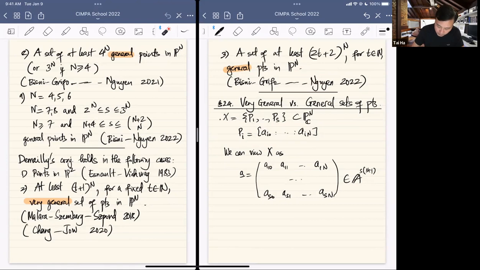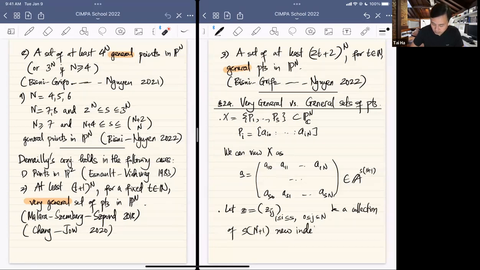So now what I'm going to do is look at a collection of new indeterminates or new variables. So let Z be the Zij's, and I'm going to look at this in terms of a matrix to fit with what I have seen up here. So I running from 1 to S and j running from 0 to n, be a collection of S times n+1 new indeterminates or new variables.